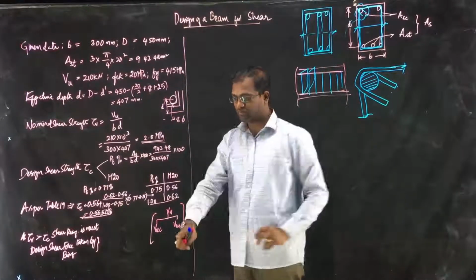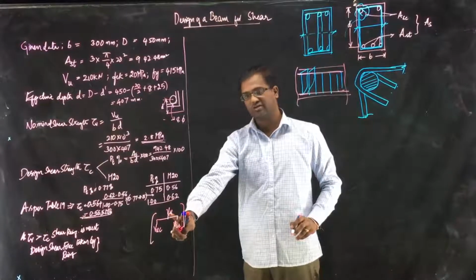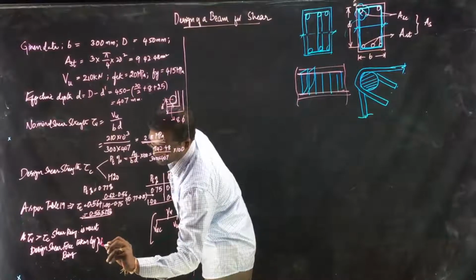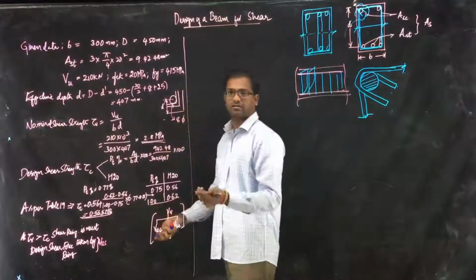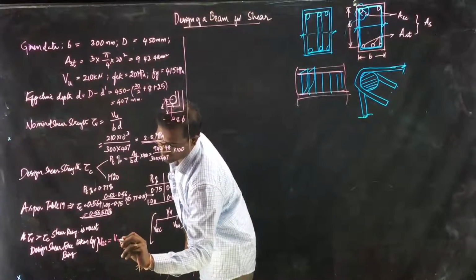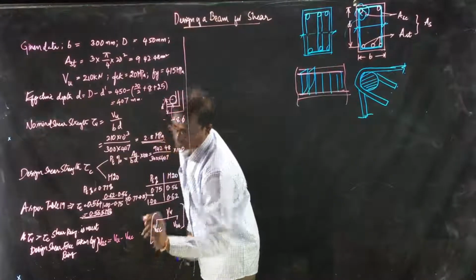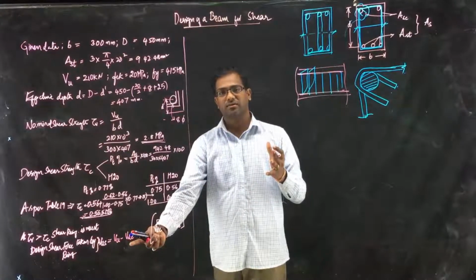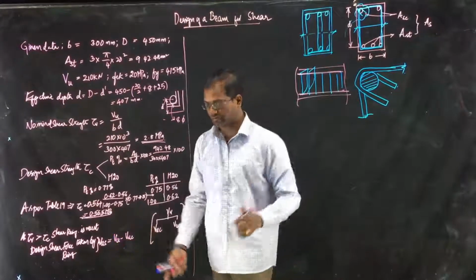Now, if you want to calculate VUS, you have to deduct VU minus VUC. If you want to calculate how much the reinforcement is taking, then total shear force minus VUC. So I have deducted the shear force taken by the concrete from the total shear force.